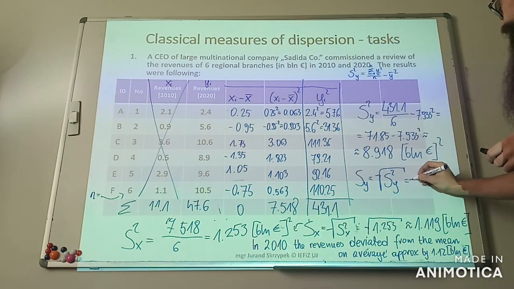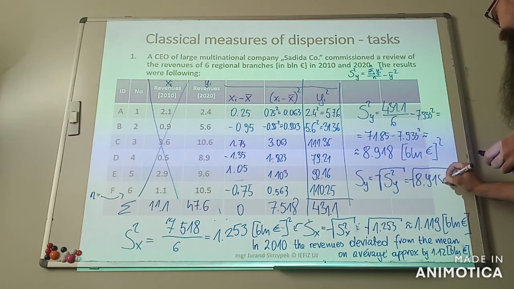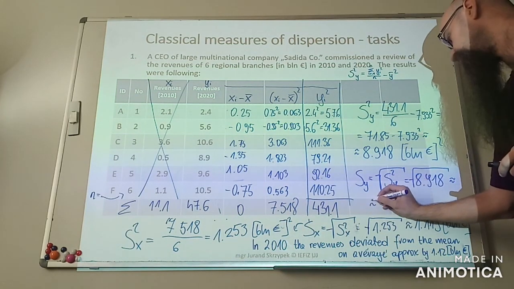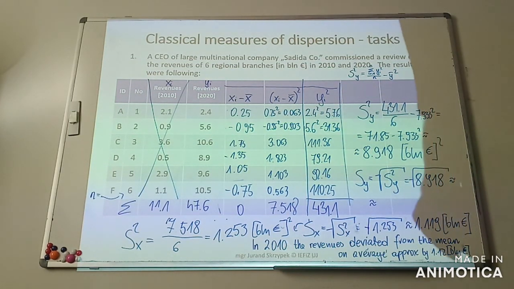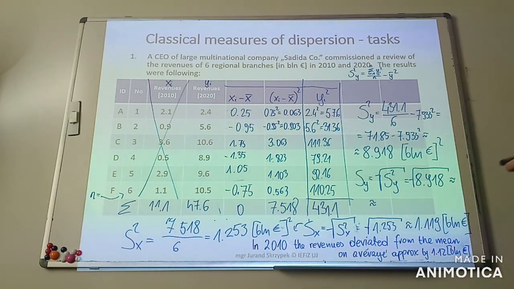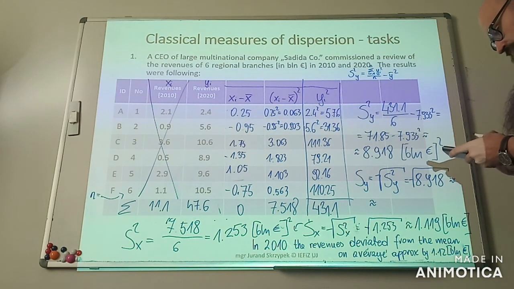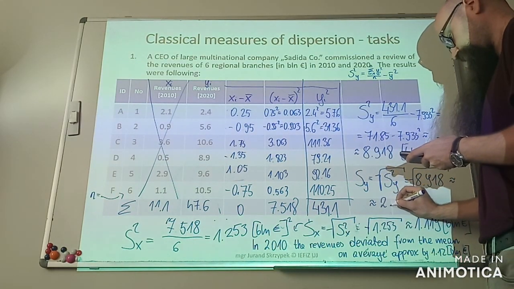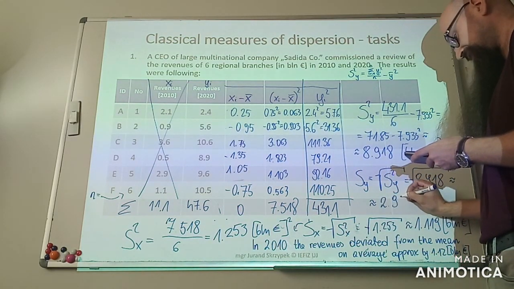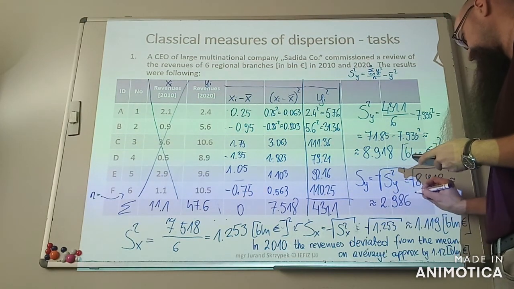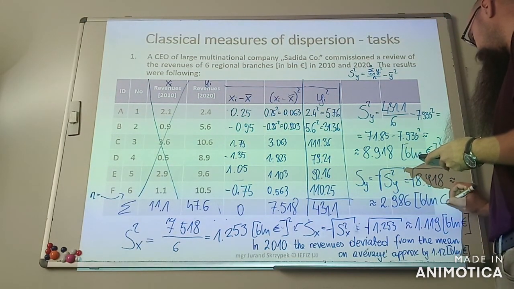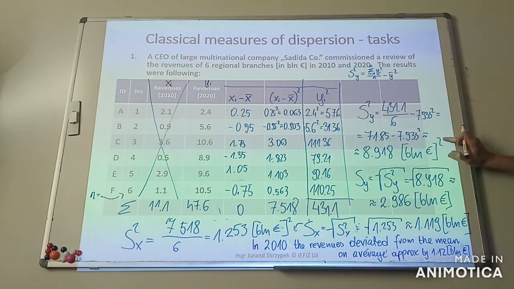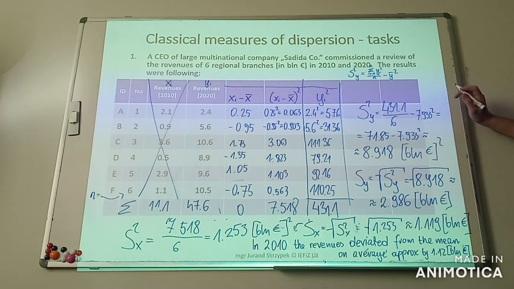In our example, this is the root of 8.918, and this equals around 2.986 billions euros. Yeah, without any squares.